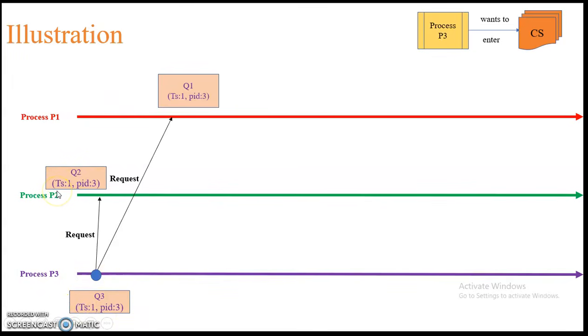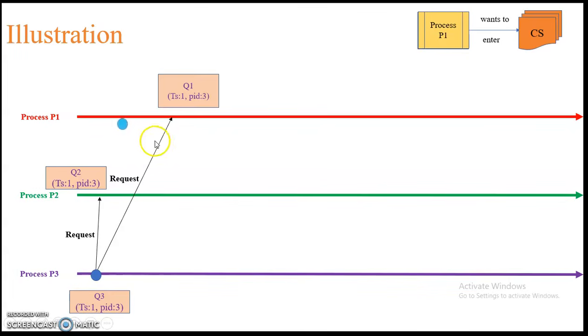This queue will have two fields: TS stands for timestamp, and PID stands for the process ID. So at timestamp 1, process P3 has made the request to all other processes in the network to access the critical section.